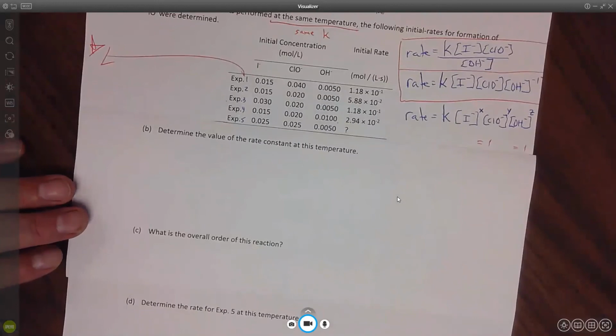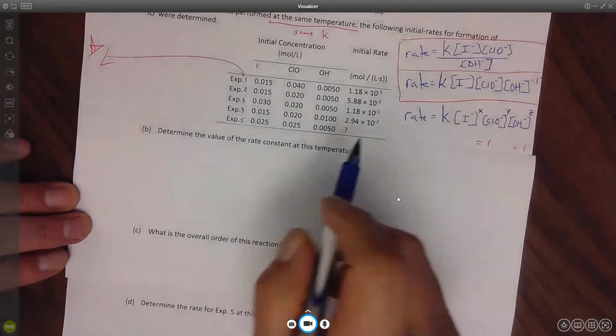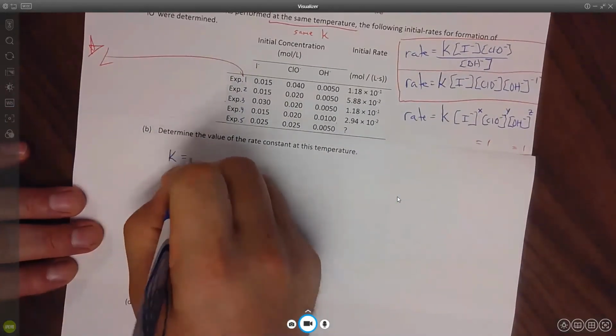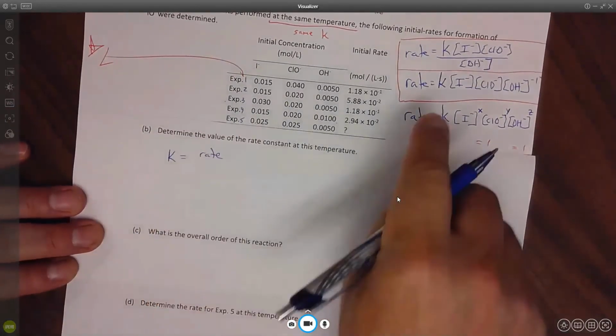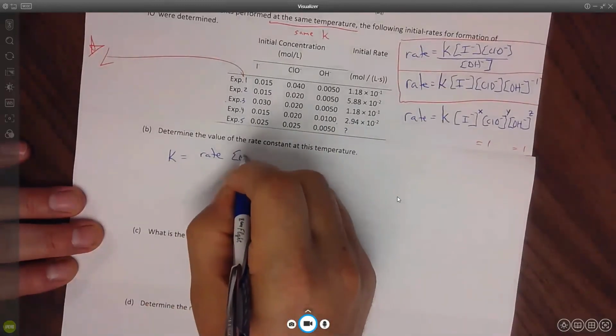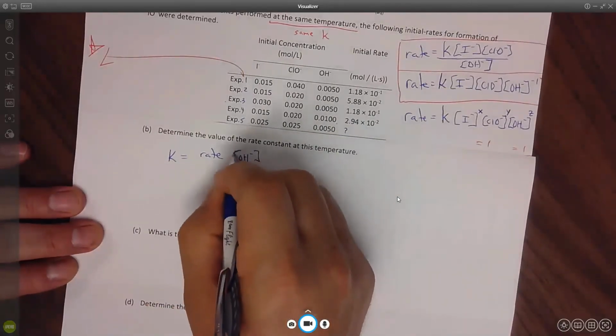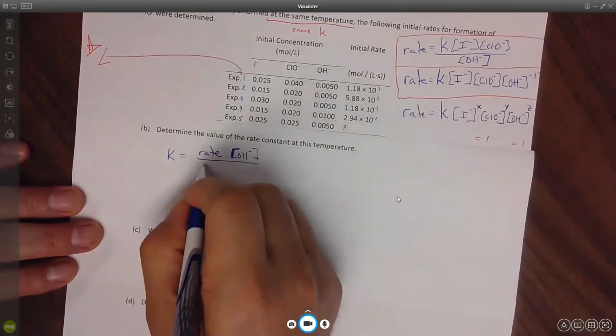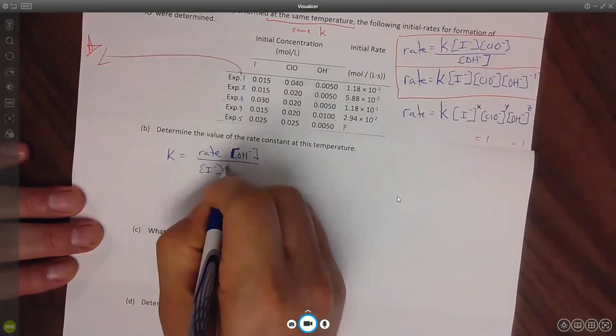Okay, so I'm going to rearrange that, right? I'm going to say k equals rate. I'll bring this to the numerator, and I'll divide it by the iodide and the hypochlorite.